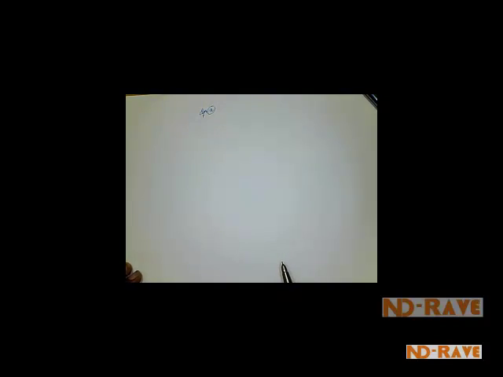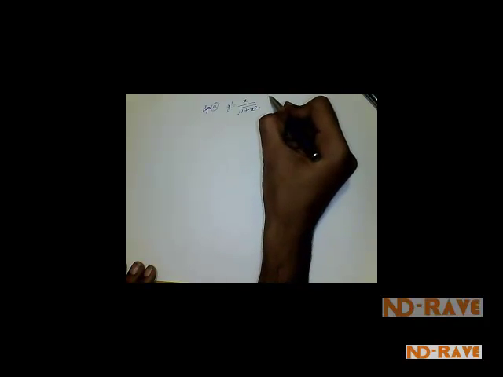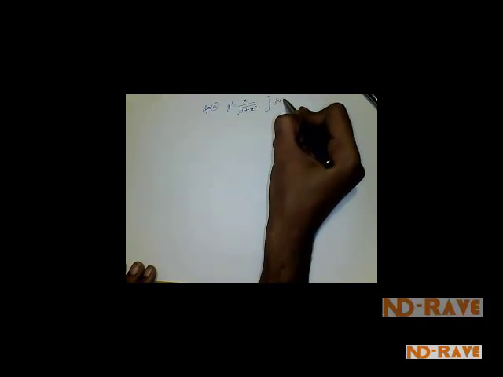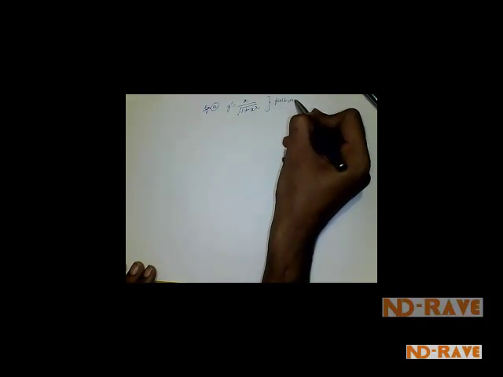So let me rewrite the equation A. Equation A was y dash is equal to x divided by root of 1 plus x square. So that was the first derivative that was found.